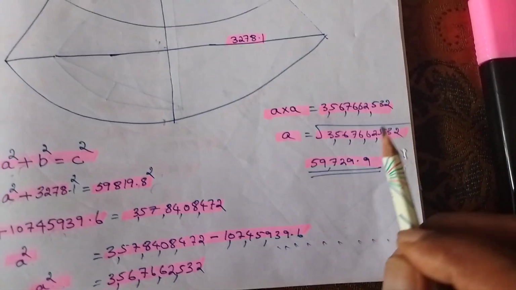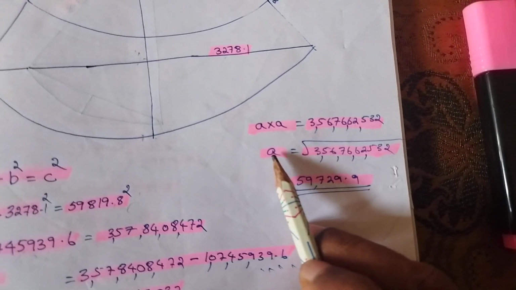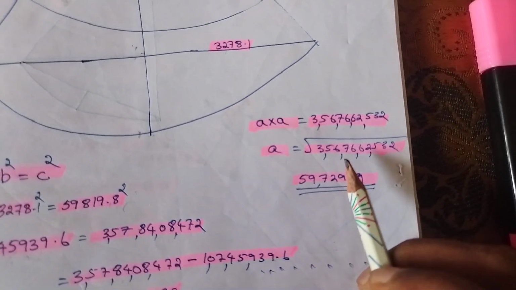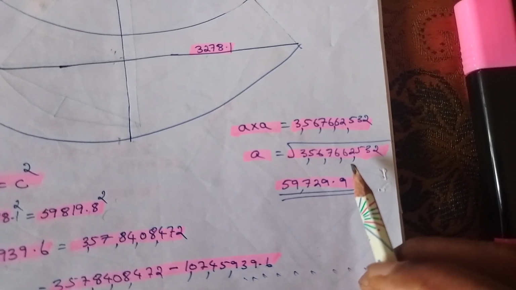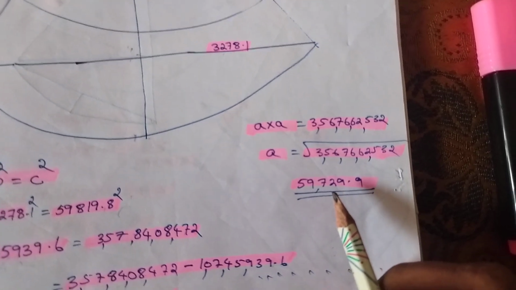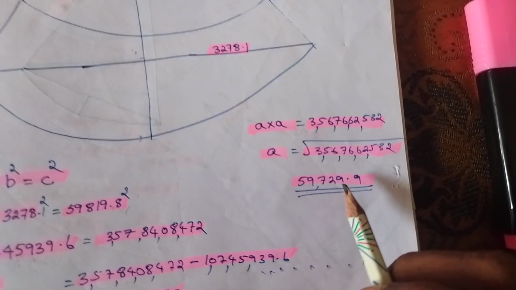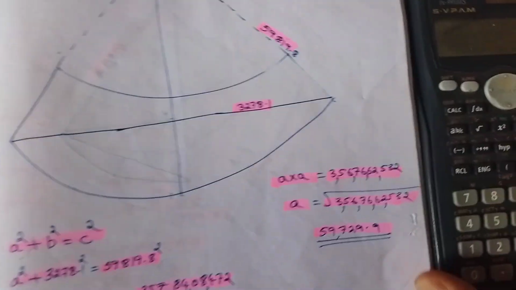This kind of sign we have to use. Then use your calculator and find the square root of 356 crore, 76 lakh and 62,532. Then you will get 59,729.9. Just take your calculator and find out.